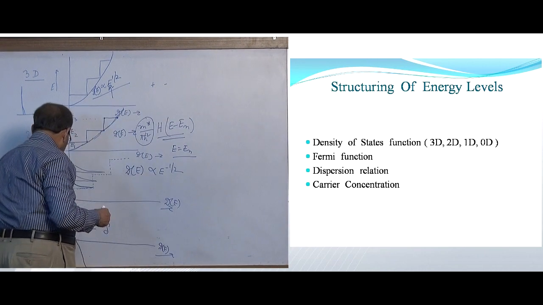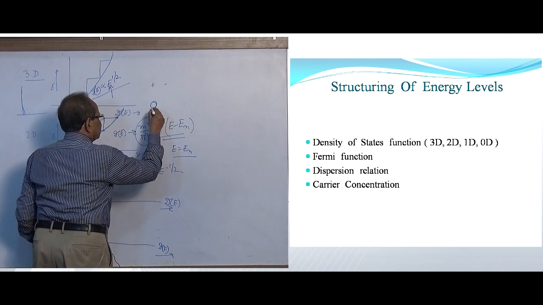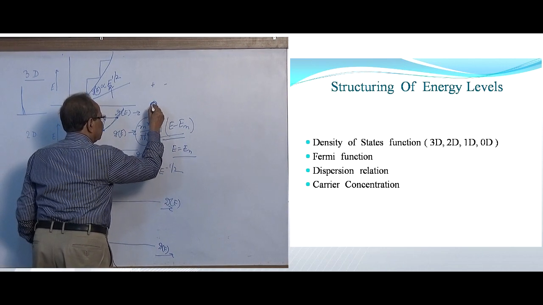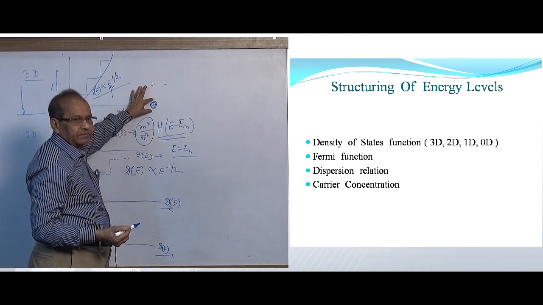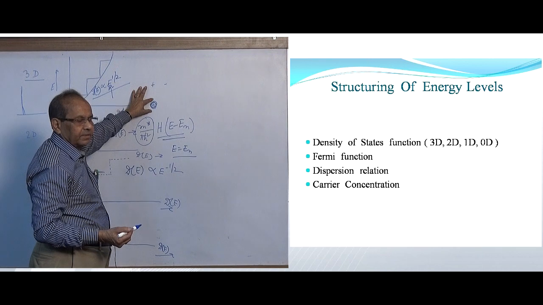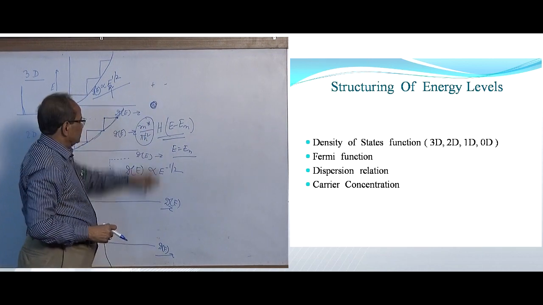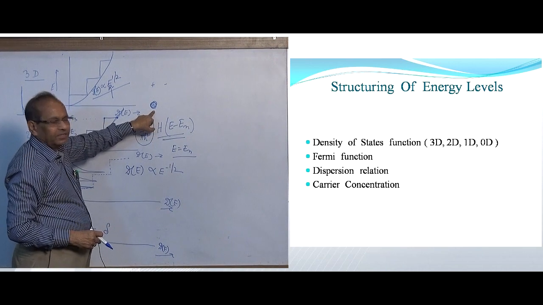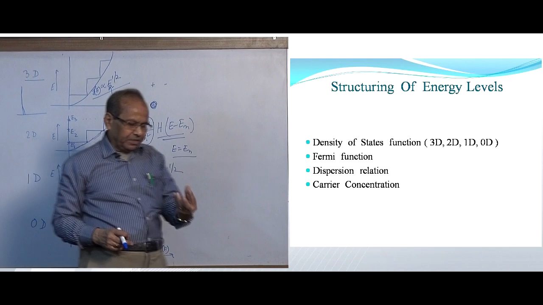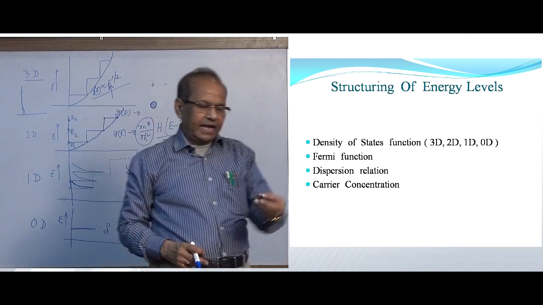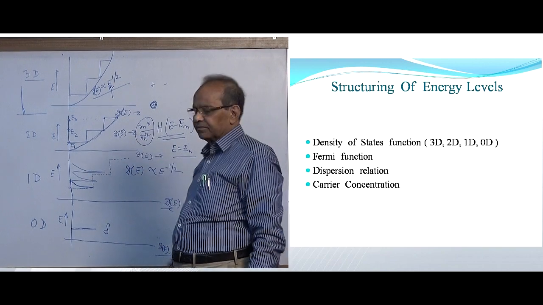This 0 dimension nanoparticle is an extremely small particle, say with a radius of, suppose, 1 nanometer, then it behaves as an atom. So it is an artificial atom. So 0 dimension nanomaterials, nanoparticles or nanoclusters, they are all like atoms.